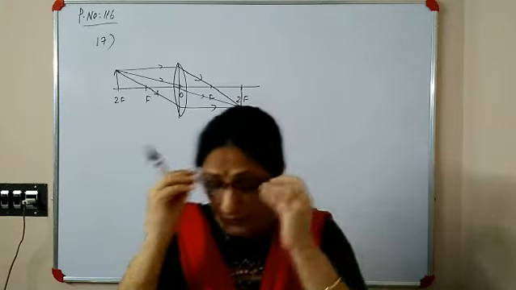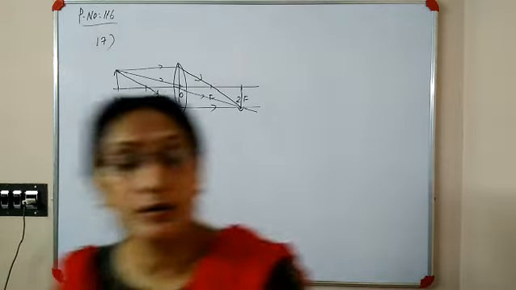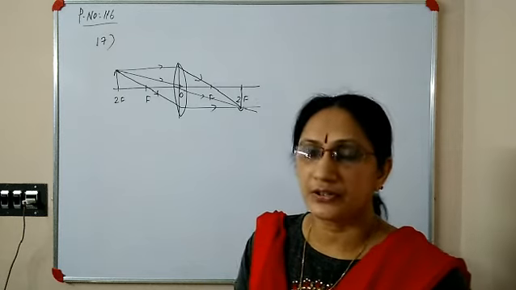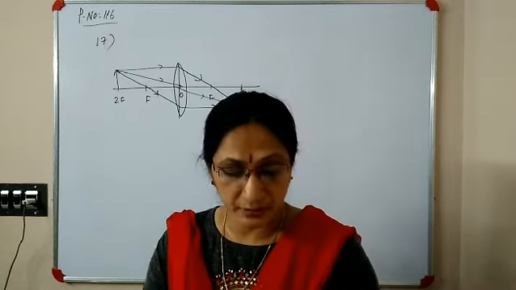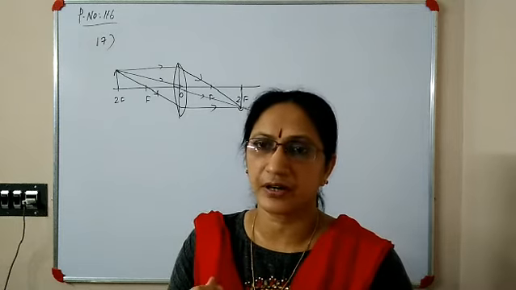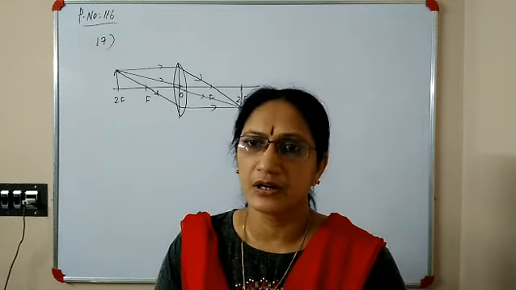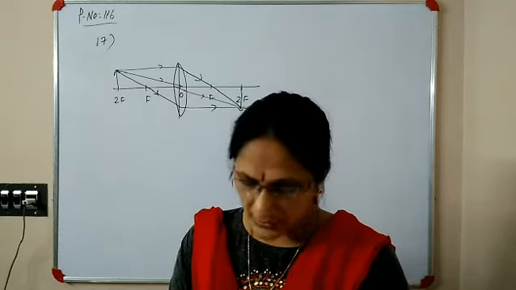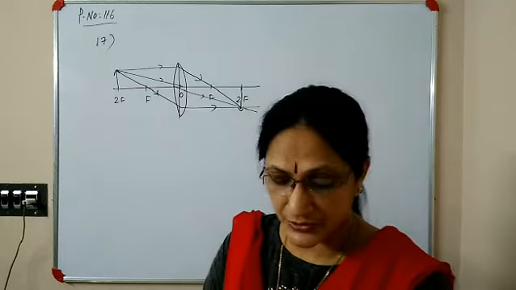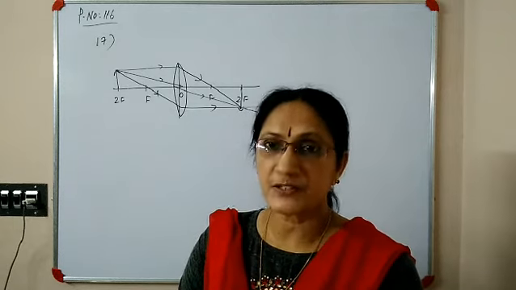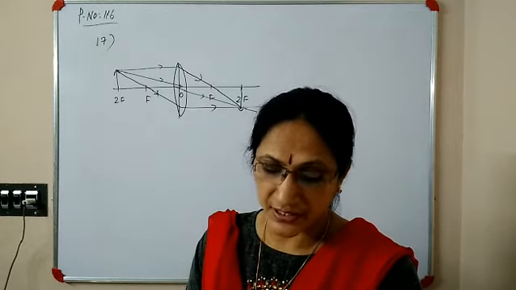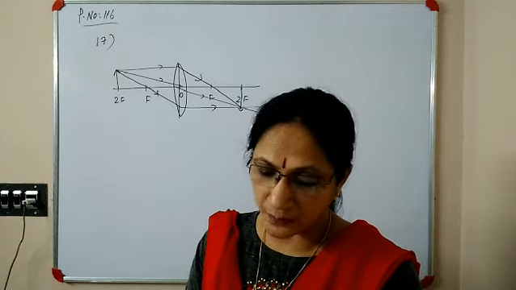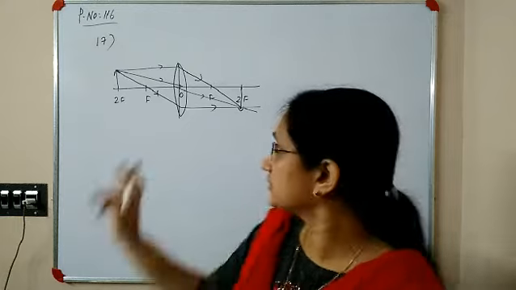Now multiple choice questions. On page number 117, multiple choice questions. Look at question number 3. The questions where I feel you may have some confusion, only those questions I am discussing. Page number 117, multiple choice question 3. An image is formed 100 centimeter by a lens when the object is also placed at 100 centimeter.